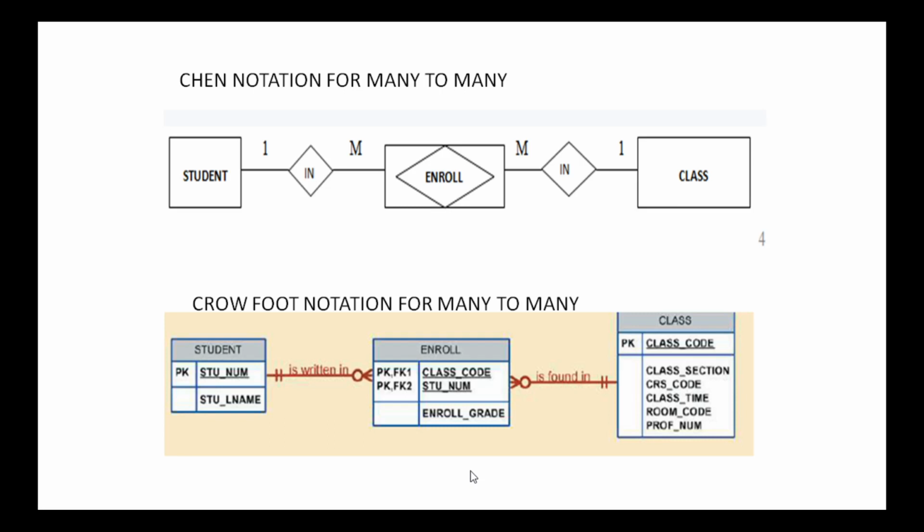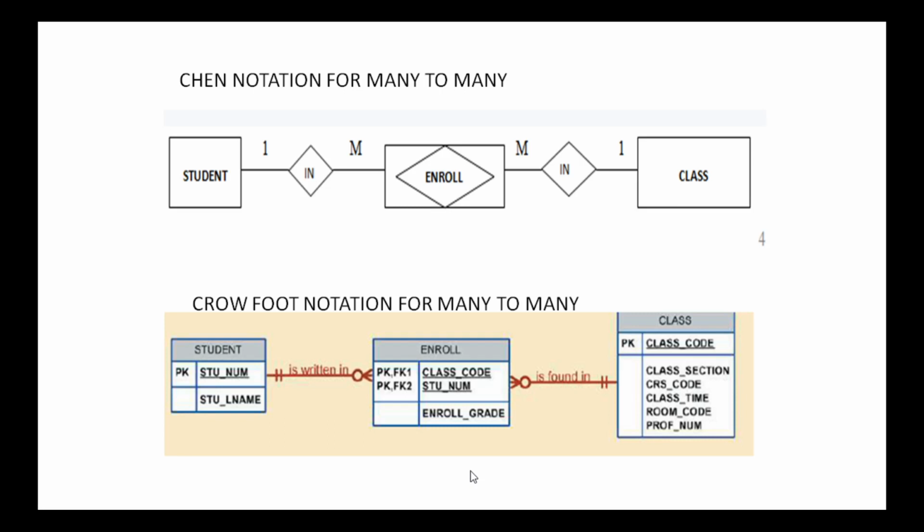Just see this diagram. The relationship between student and enroll is one-to-many, and the relationship between class and enroll is also one-to-many. That means the many-to-many relationship is divided into two one-to-many relationships with the help of the enroll entity.